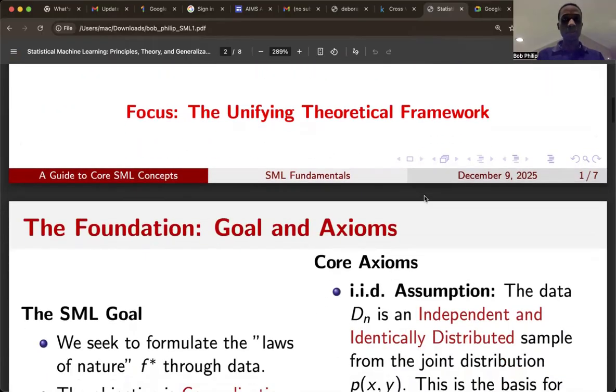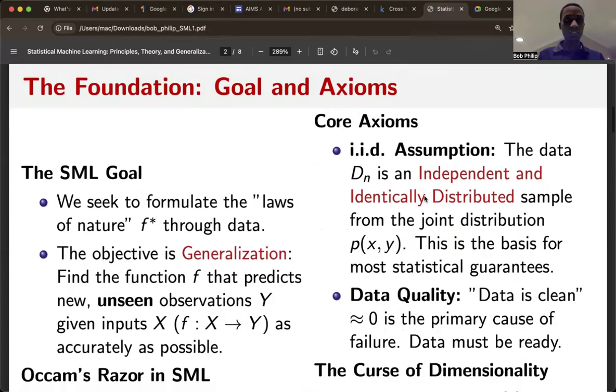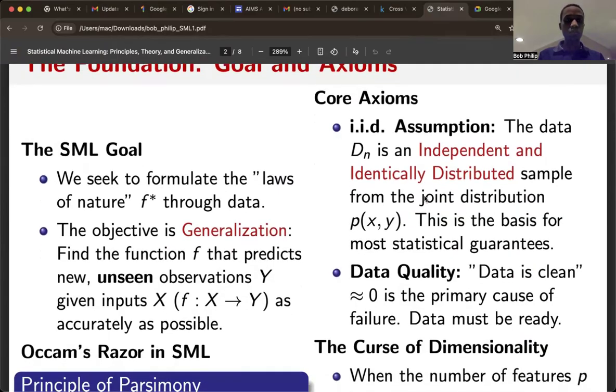To go into the main world of SML, we solve a problem of predicting unforeseen observations using the available data. In SML, we define a problem, and in this context, I used a data set from the banking industry that is lending money.